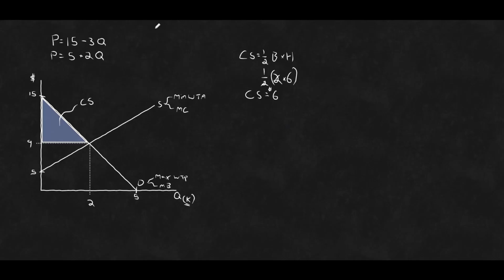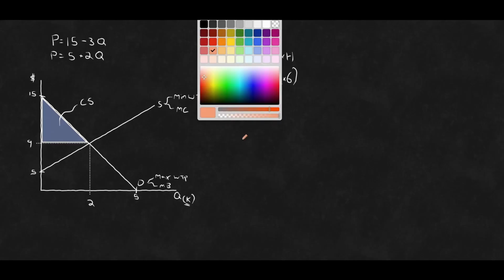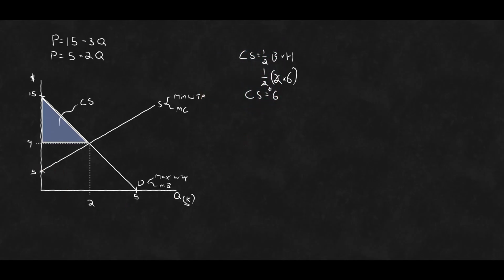We could similarly work this out for the producer. If we were to take a look at the producer side, and let's use red for that, the producer has their willingness to accept, the lowest price that they would accept to produce goods up till the actual market clearing price. Although they're willing to accept these low prices, they get to sell each of them at $9.